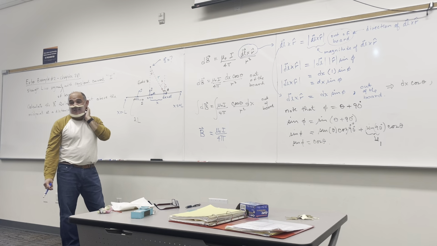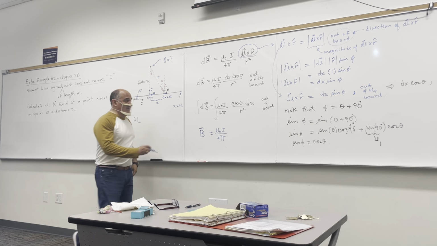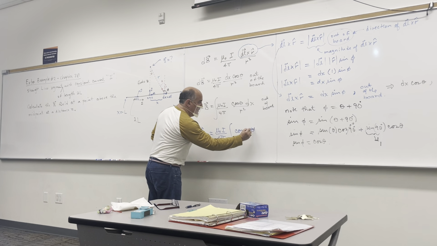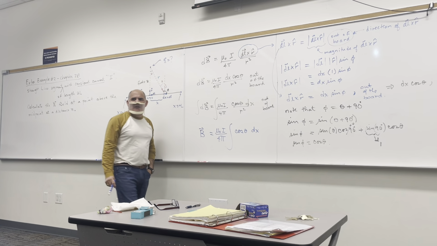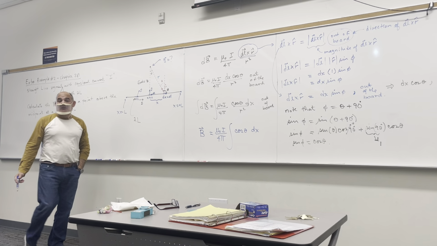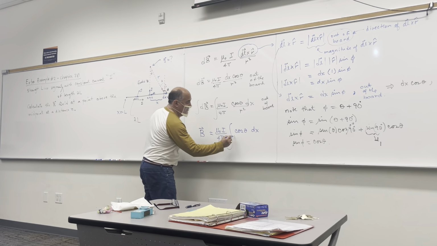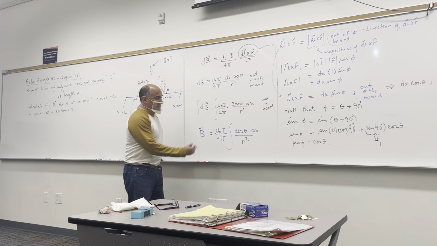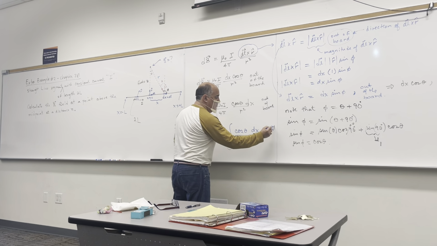Yes, so I have to keep that inside the integrand, right? So this is the cosine of theta, and I have dx. What about r? Would r be different? Yes, so I have to keep that inside the integrand, right? And the direction is out of the board, right?